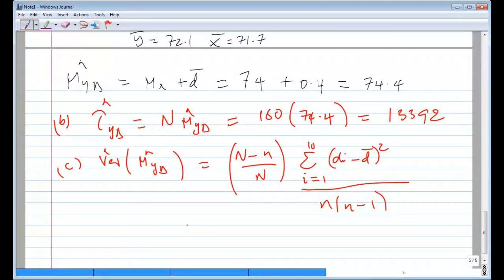So what you have to do is to find the summation of (di minus d bar) squared.